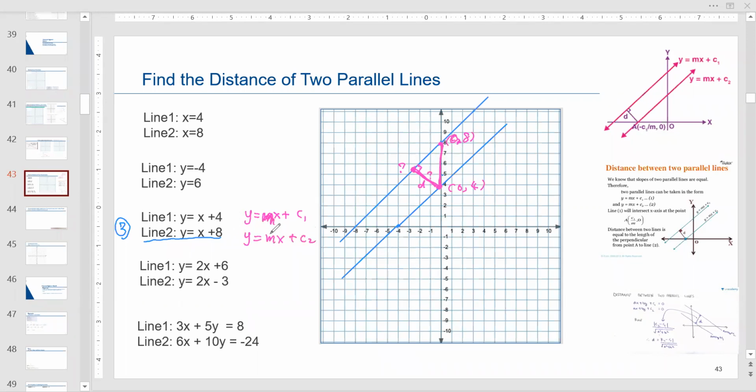Because they are parallel lines, the slope is the same, but the y-intercept is different. So you can get this kind of triangle. This part is the absolute value of C2 minus C1. For our example here, it is 4, right?